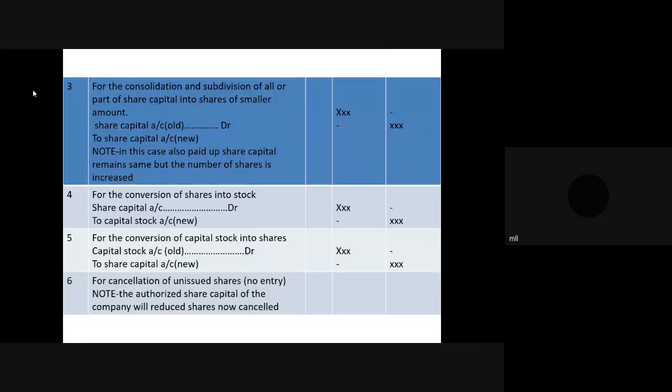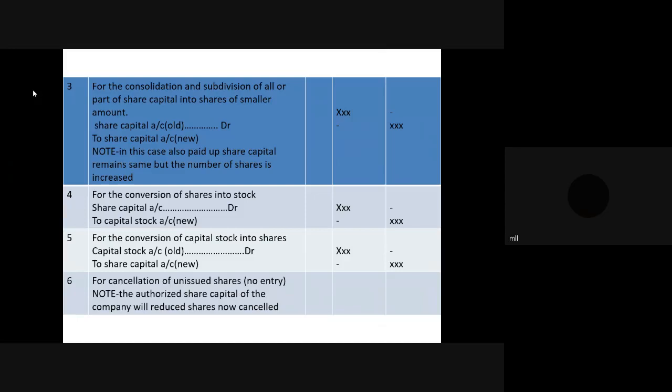Then the third entry, the consolidation and subdivision of all or part of the share capital into shares of smaller amount. Share capital account old debit to share capital account new.